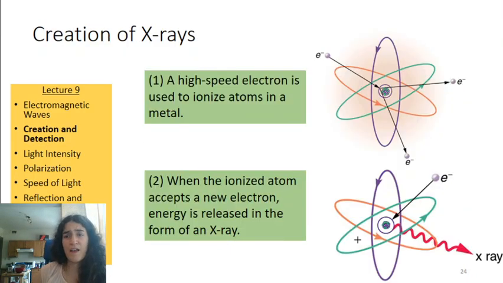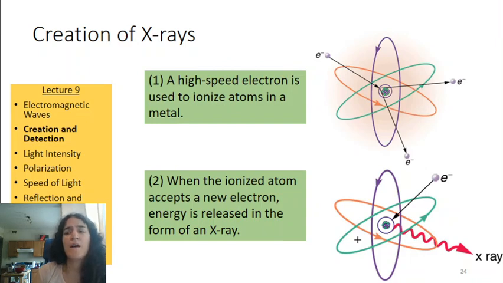Here's maybe another important thing to consider: a lot of times when we need to generate electromagnetic waves that are very, very short wavelength, those energies relate to the transition energies of an atom. So here, how do we create X-rays? We need to bombard a metal with high-speed electrons. These electrons can ionize the atom, right? So now we have an ionized atom because this electron got kicked out of the atom.